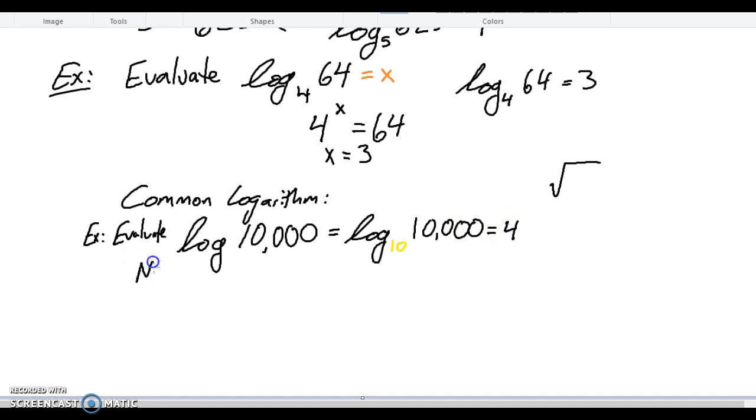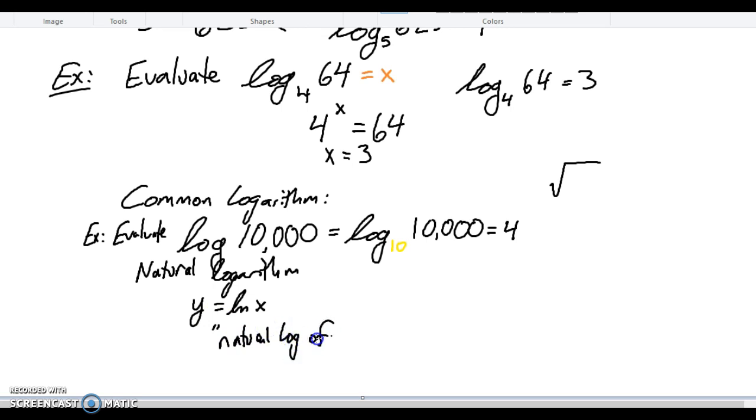The other one is called the natural logarithm. And it looks like this. I'm going to write it purely as an equation. y equals natural log of x. And this is read, quote, natural log of x.